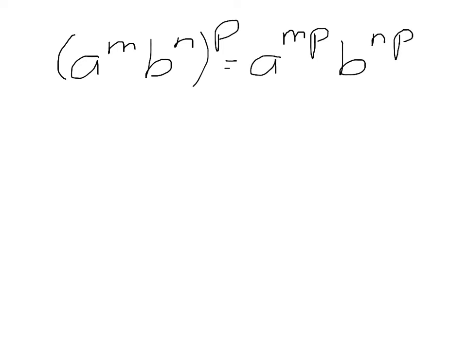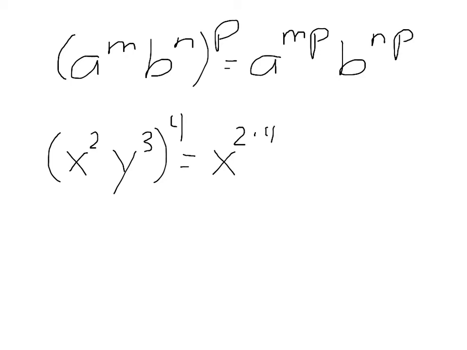So a to the m, b to the n, to the p power is just a to the mp, b to the np. Look at this example: x squared y cubed to the 4th power. That's nothing more than x squared times 4, y cubed times 4, or x to the 8th, y to the 12th.